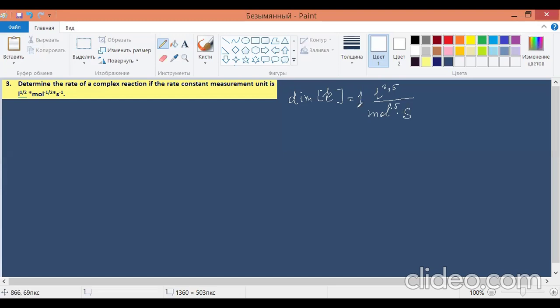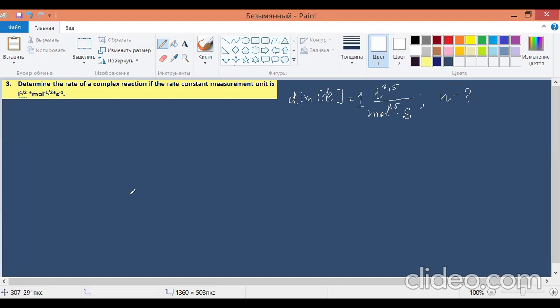This is the measurement unit of the constant. And they want us to estimate the order of this complex reaction. If it is a complex reaction, it's very likely that the magnitude of n isn't going to be an integer such as 1, 2, 3, or 0. It's very likely to be a fraction, a half, a third, you name it.